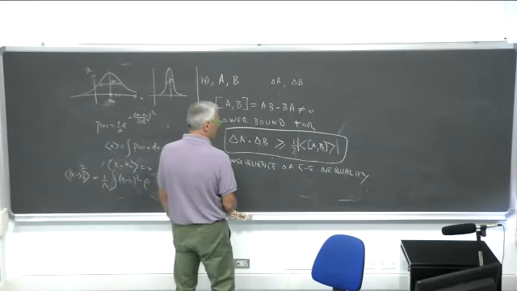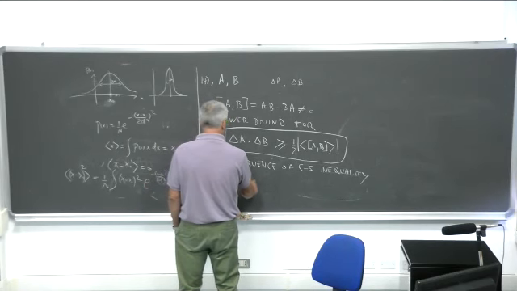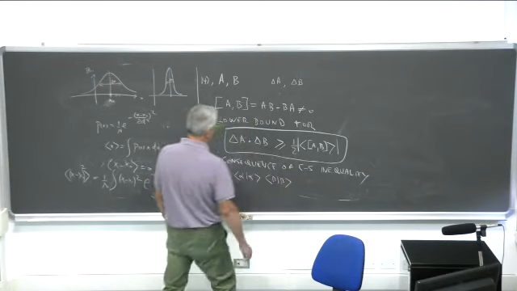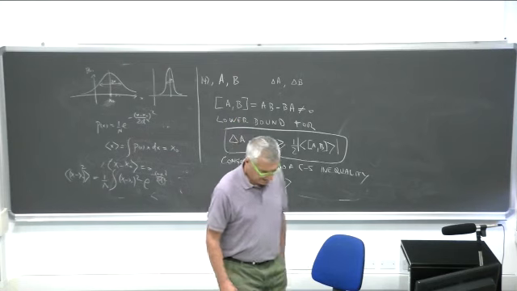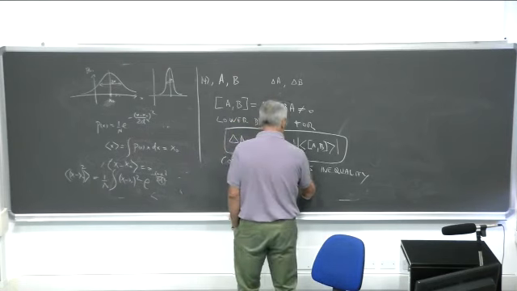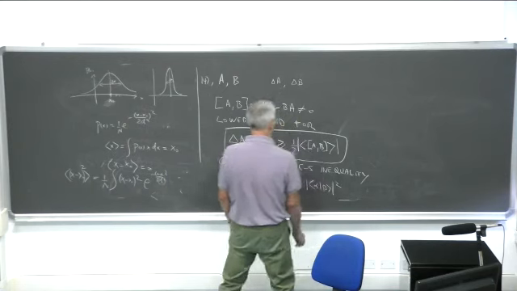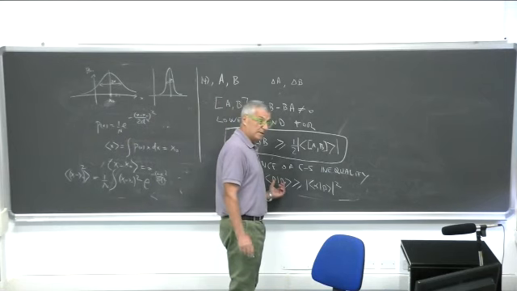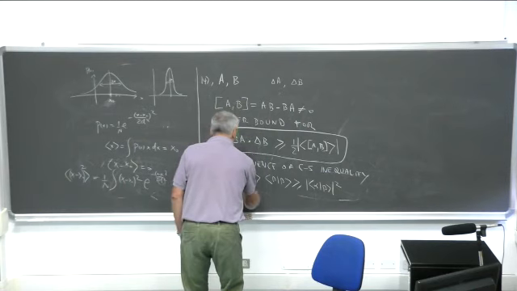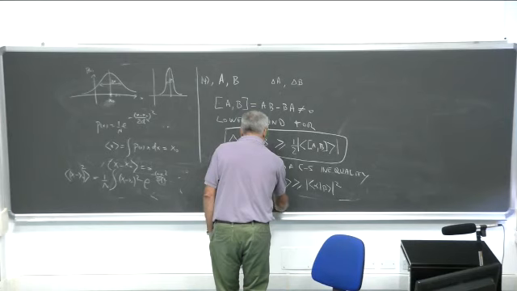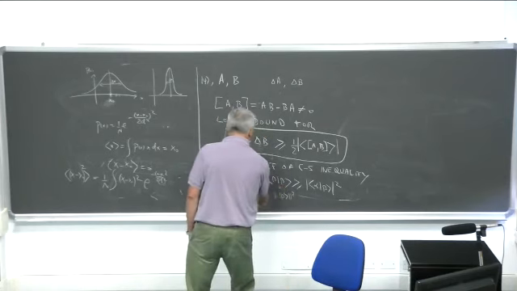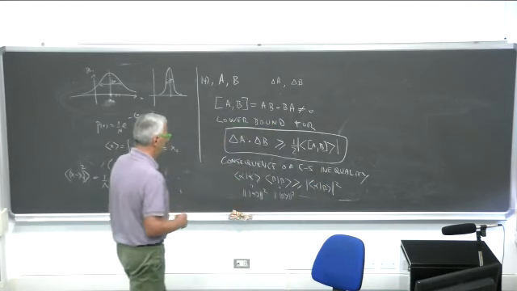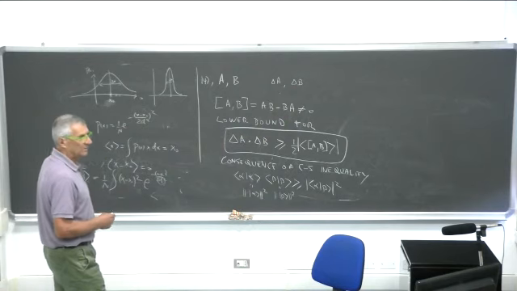So the Cauchy-Schwarz inequality is the statement that, if you have two states alpha and beta, the norm square of alpha, which is the same as alpha alpha, times the norm square of beta, which is the same as beta beta, is greater or equal than the scalar product of alpha and beta, modulo square of that. This is the Cauchy-Schwarz inequality, right?